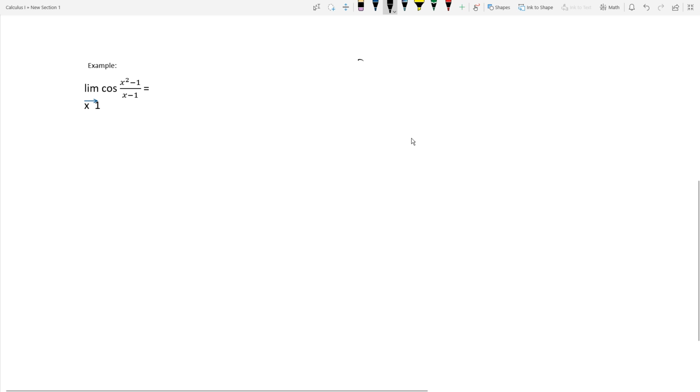If you remember, f composed of g would look like f of g of x. That's a composition. We're going to work that in reverse a little bit to show how this works and why we are allowed to do it.